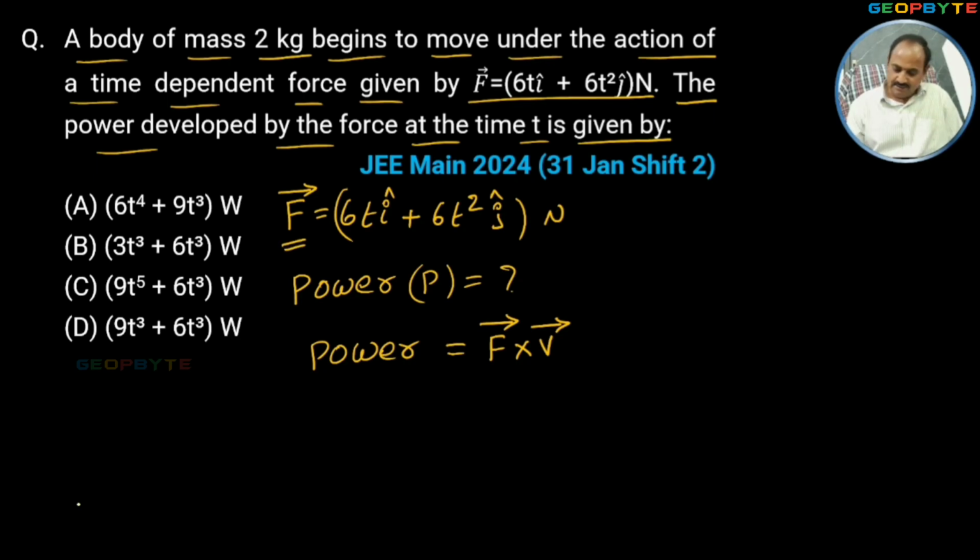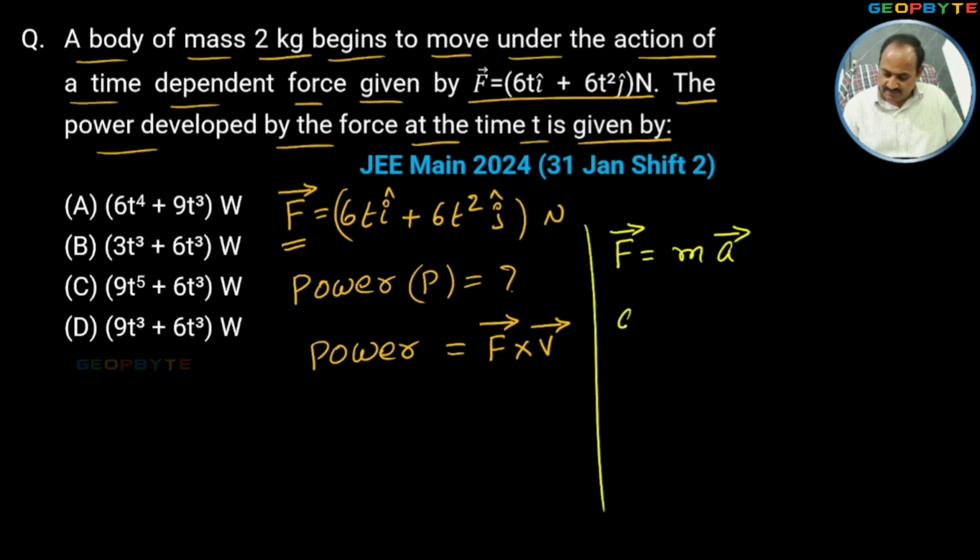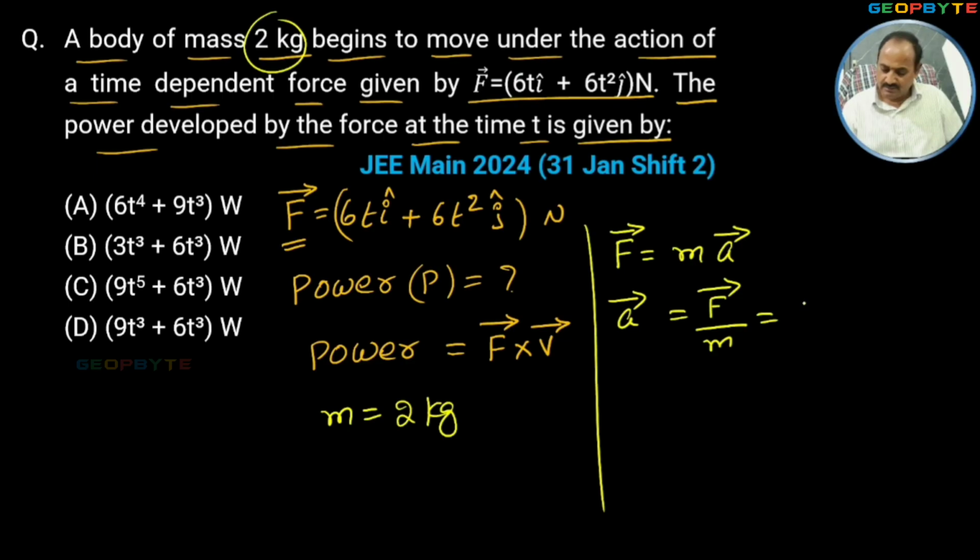For finding the velocity, as you know, force F equals ma, then acceleration equals force by mass. What is the mass given? Given mass is 2 kilograms. Force is 60 t i cap plus 60 t square j cap, divided by mass 2.